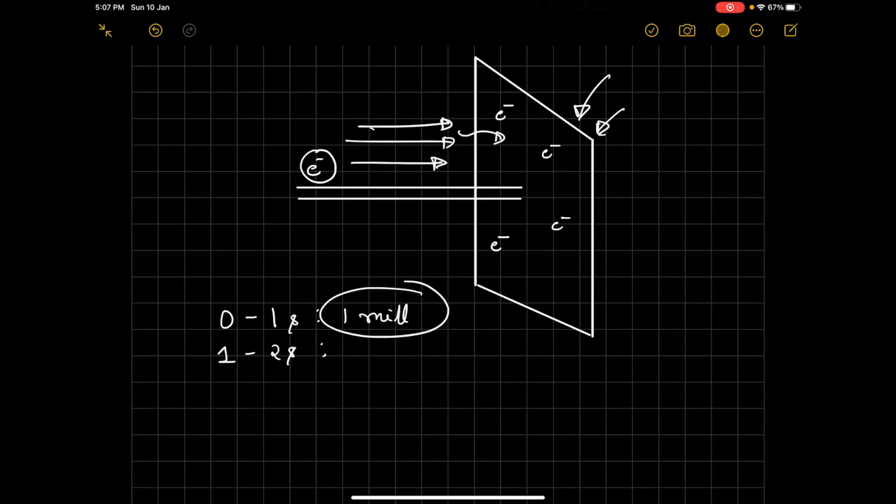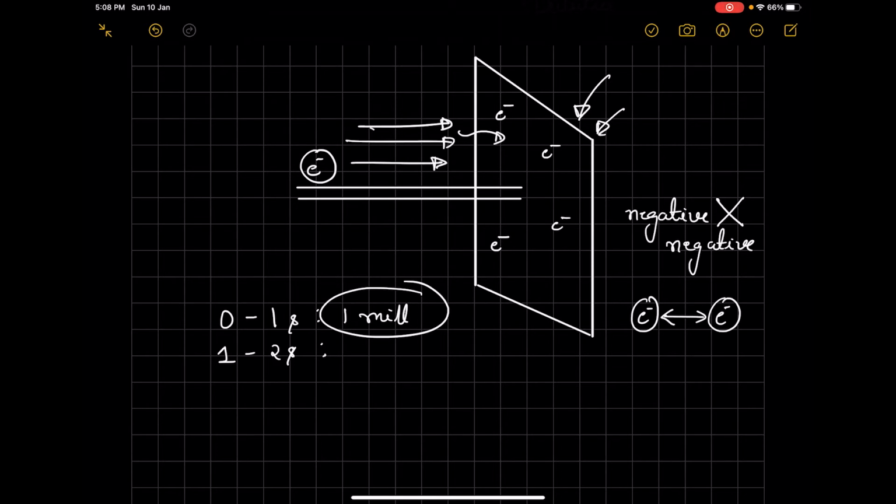And why is that? That is mainly because negative charges repel negative charges. So if there are two electrons, they try to push each other away.